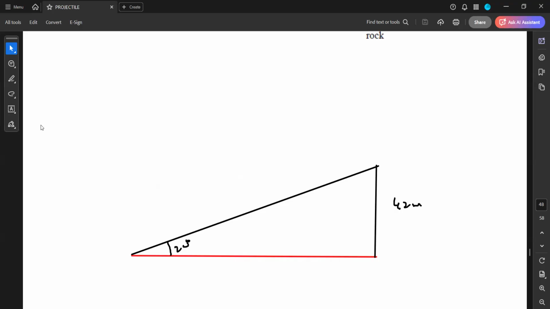The rock was projected at an angle of 40 degrees and the initial speed was 50 meter per second. The rock will be here when it covers 115 meters. The rock is still at its maximum height.